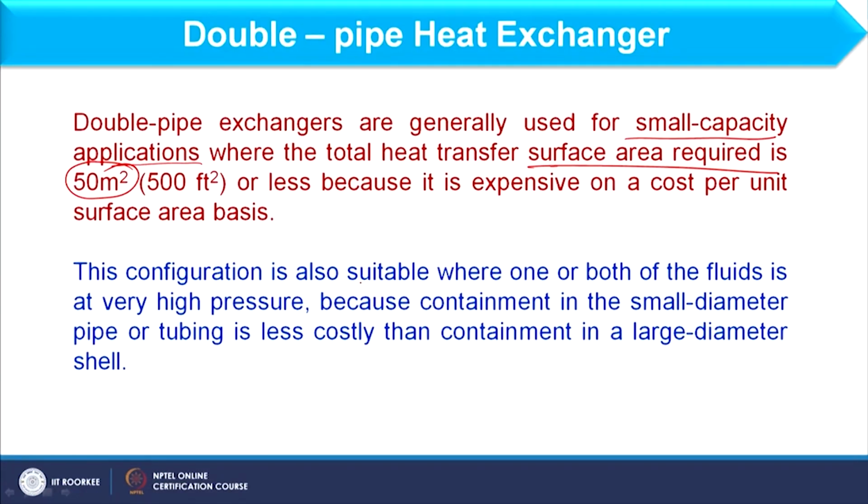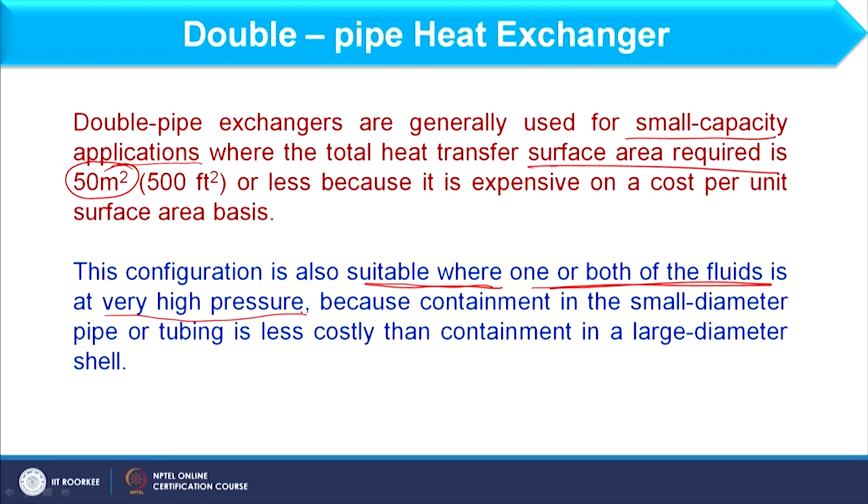Load, you understand, means the heat duty. So up to 50 square meters of heat transfer area we can consider a double pipe heat exchanger, and if I find more heat transfer area than that, we should choose other heat exchangers like the shell and tube heat exchanger, etc. And this configuration is also suitable where one or both of the fluids are at very high pressure.